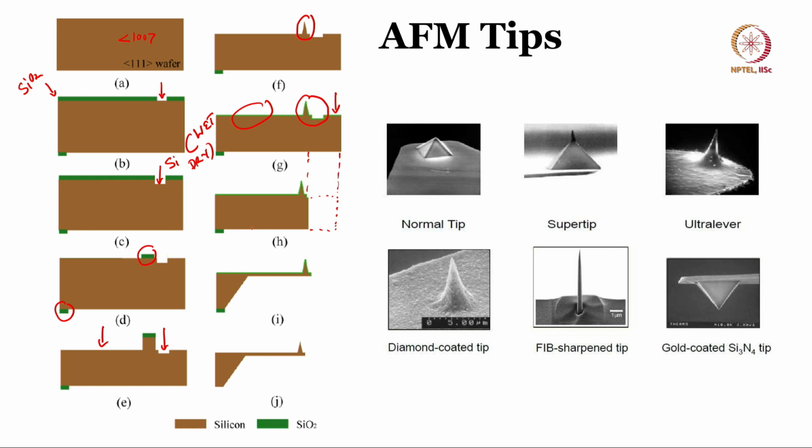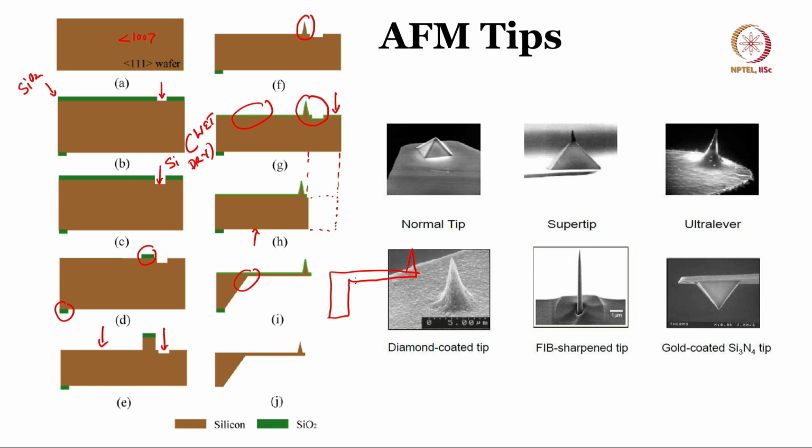After this, what you do is you can do front to back alignment, and then you can etch from the back side. This will be because of wet etching, because you have an angle which you have created here. If it is dry etching, then you will have a sharp cantilever like this. Let me just draw it for you, right, like this.